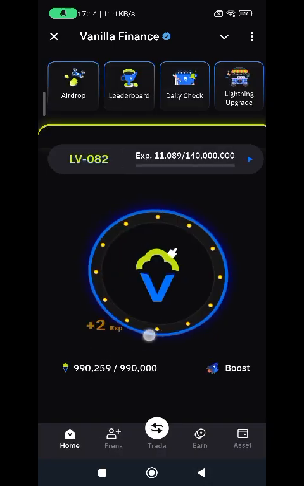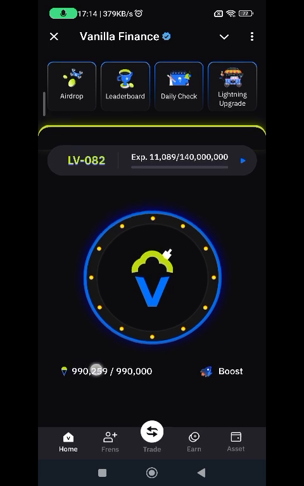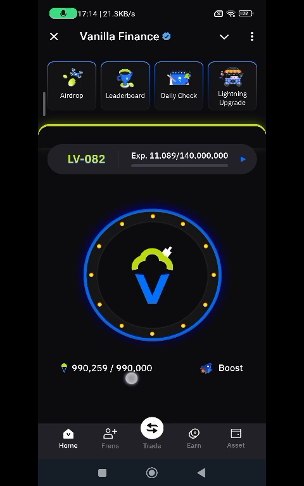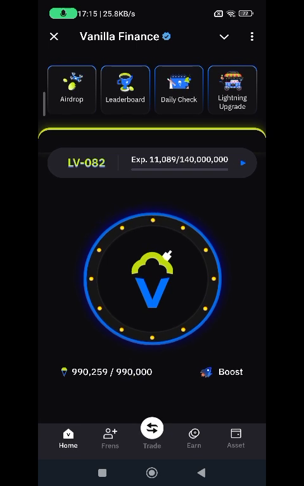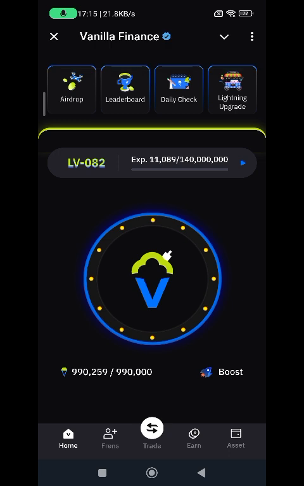So how do you get your profit per hour? Now this is my total coin, and just beside my total coin I have a figure. This figure is the least amount your account should have at a specific given level.